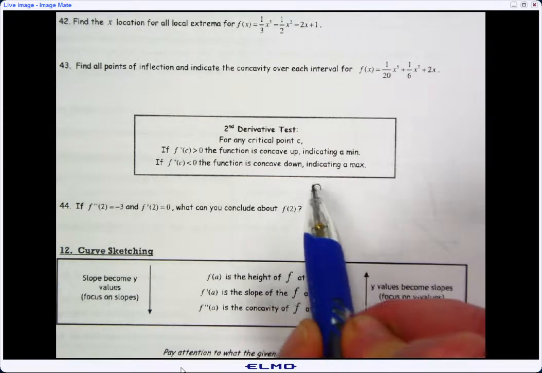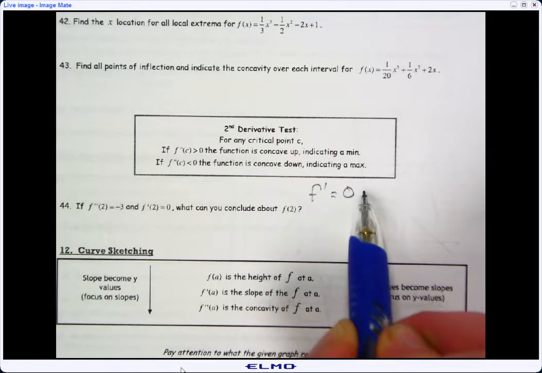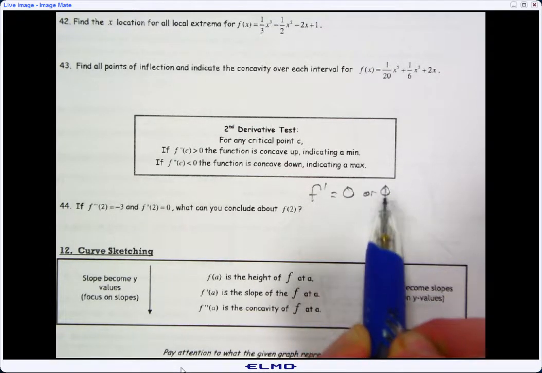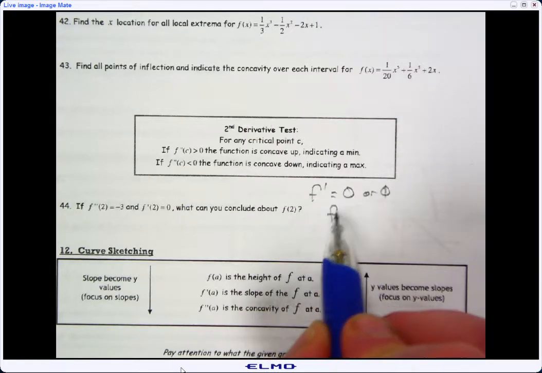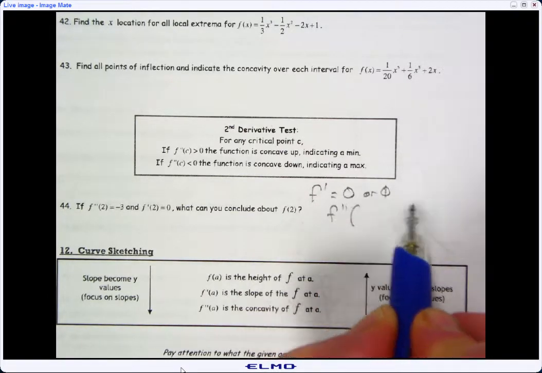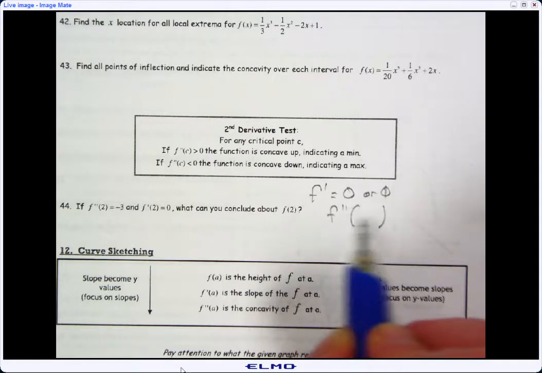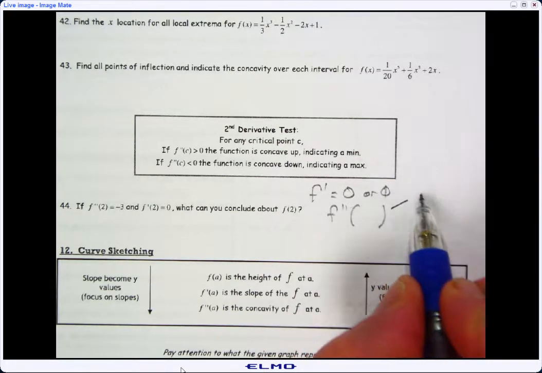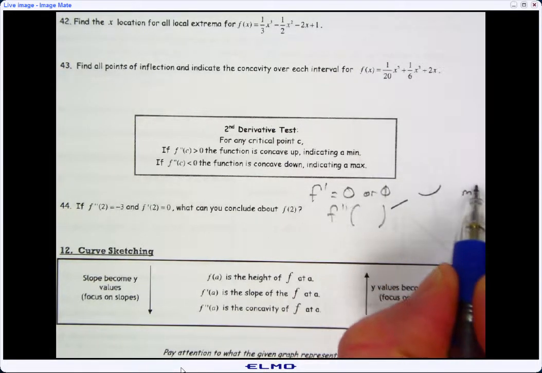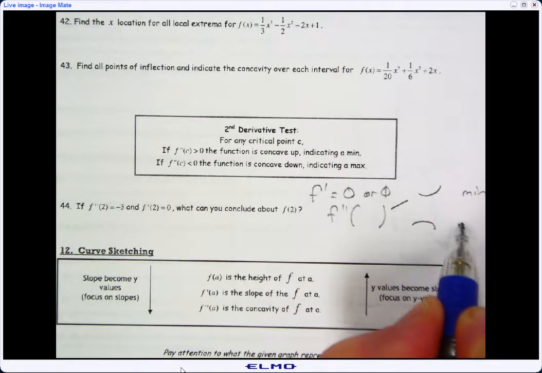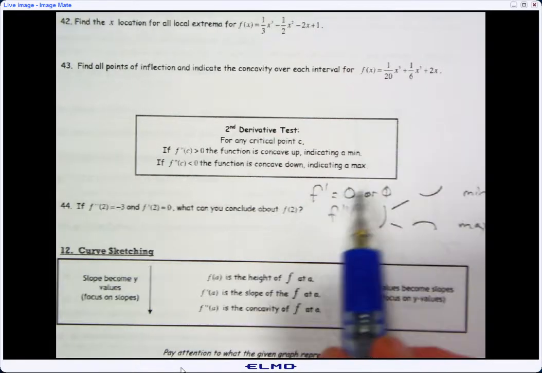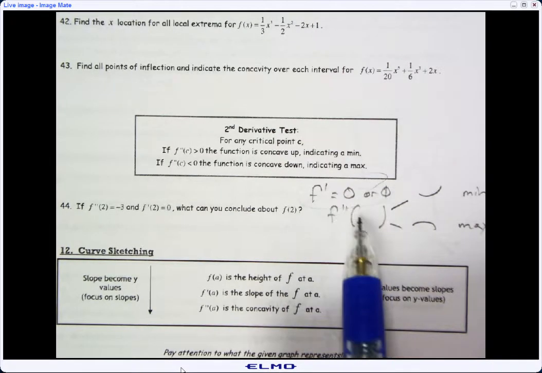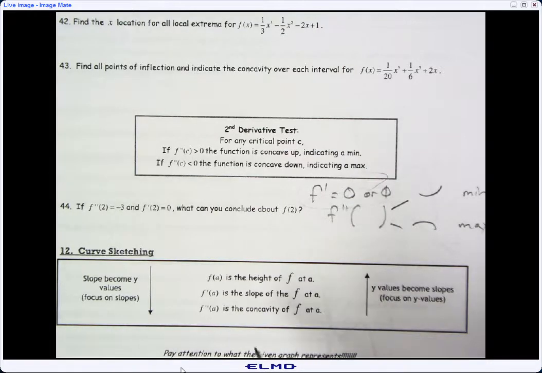Once you find your critical numbers, so where the derivative is 0 or undefined, you can test those by putting them in the second derivative. If you get concave up, then you know you have a min. If you get concave down, you know you have a max, because the first derivative being critical number says you could have a max or min. If you don't get either, if you get 0 there or undefined, then the second derivative test doesn't work.